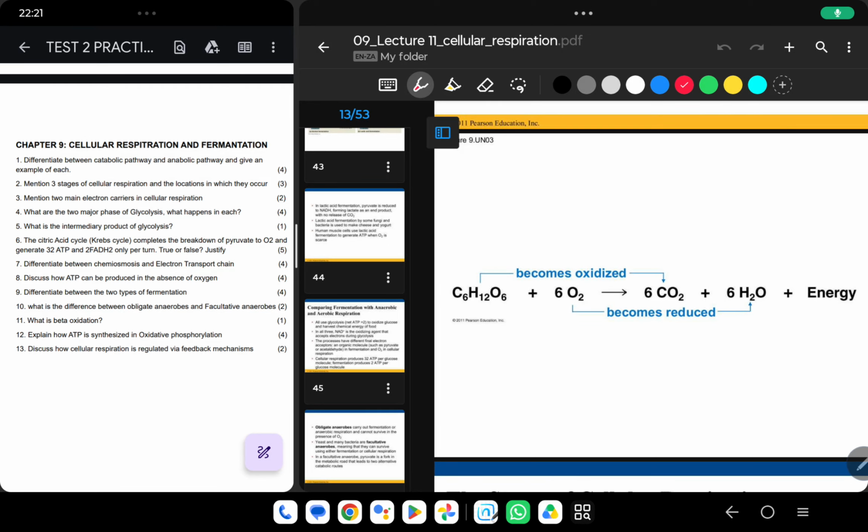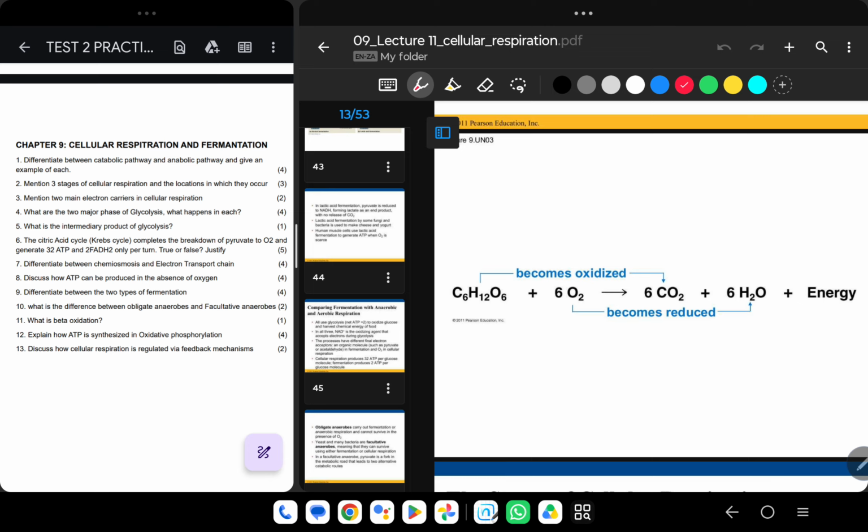Okay, today we're going to discuss cellular respiration and fermentation. As we know, cellular respiration is basically the reverse of photosynthesis. So, we're also later on going to discuss photosynthesis.